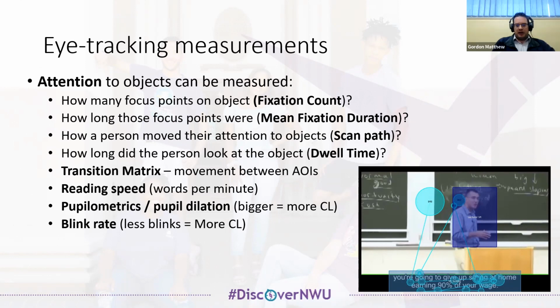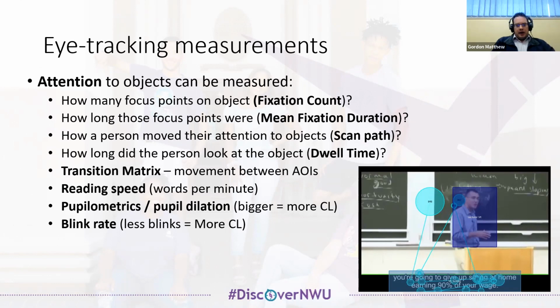For instance, in the subtitle area, the dwell time is calculated from the first time the eyes go into that area to the last fixation before it leaves that area. Then you can also get a transition matrix, which says how many times the participant looked from one area of interest to the other and vice versa. You can calculate reading speeds or words per minute.